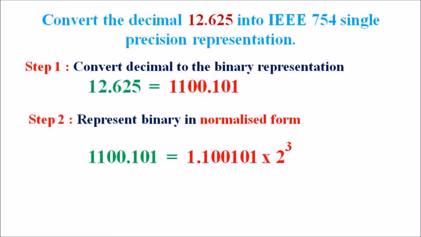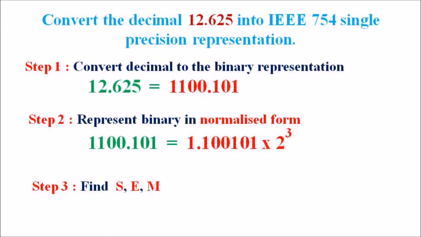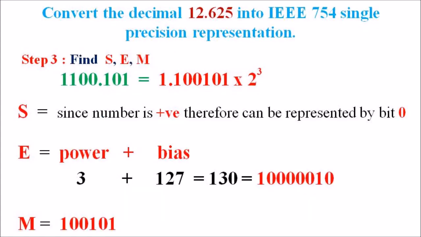In the third step, we have to find the SEM factors, that is, sign, exponent and mantissa. The sign tells us which type of number we are dealing with, either positive or negative. For the decimal number 12.625, unless a sign is given, we consider the number positive. So 12.625 is a positive number.